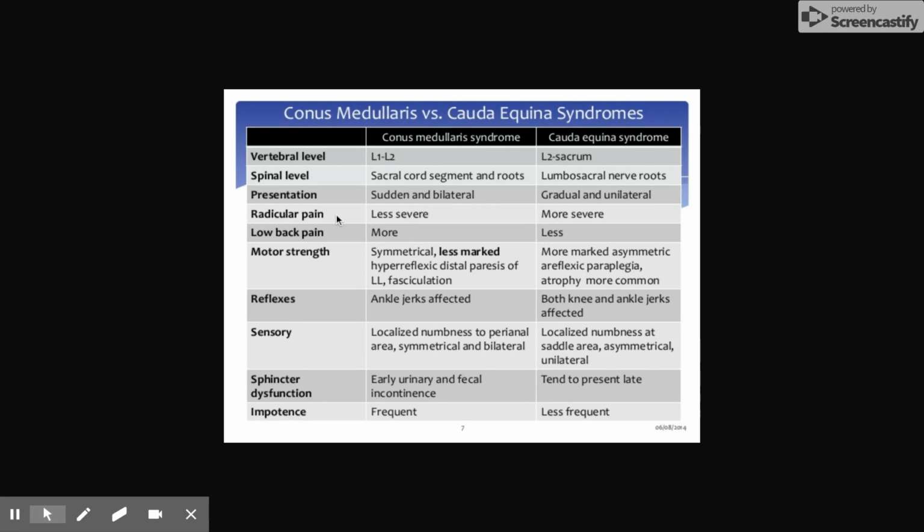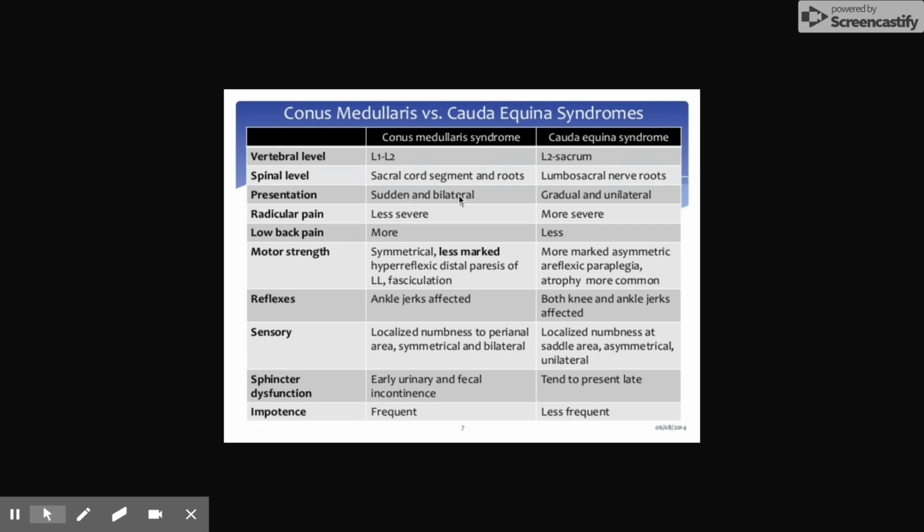The way they present is totally different. The cauda equina is unilateral, and conus medullaris is bilateral. The reason why conus medullaris is bilateral is because it is the actual spinal cord that is innervating both sides of the extremities. So you are going to be affected as when you get a spinal cord injury.